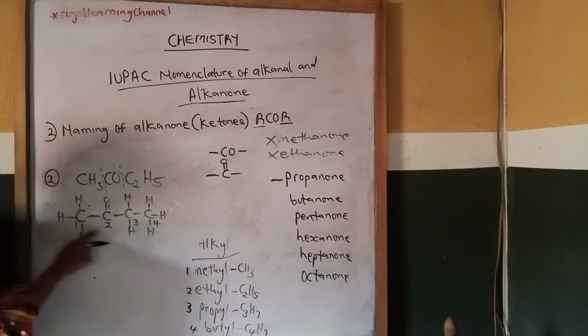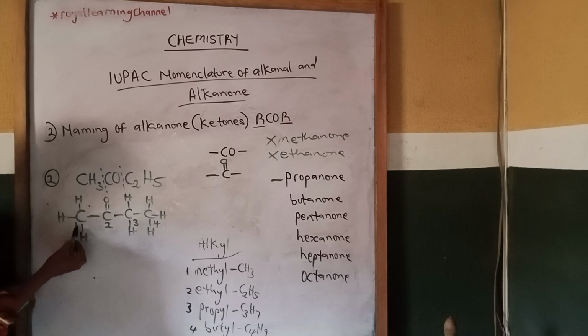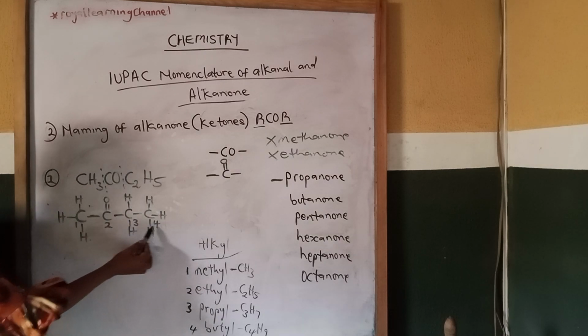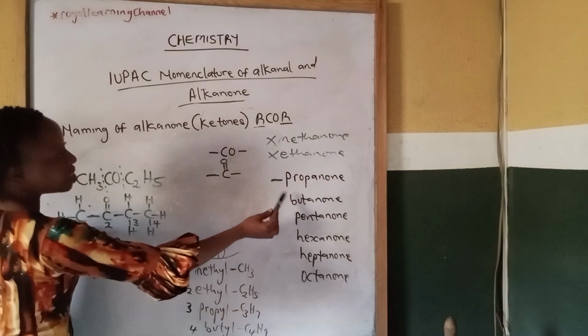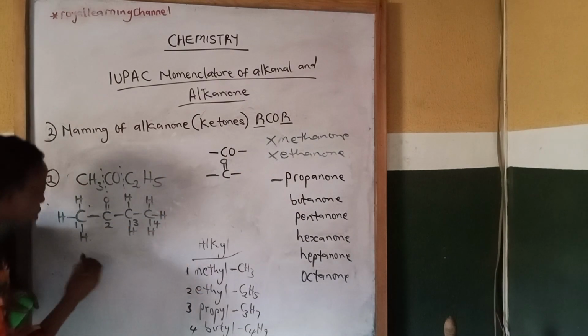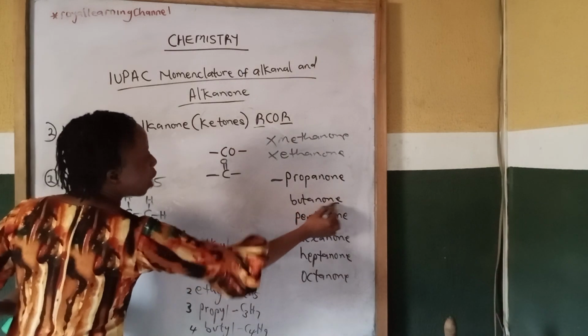So there is no substituent, because this structure contains carbon atoms, hydrogen atoms, and oxygen atoms. So the root hydrocarbon will now be the number 4 member of alkanone. So what is the number 4 member? 1, 2, 3, 4. That is butanone. But we have to name the position of our one.